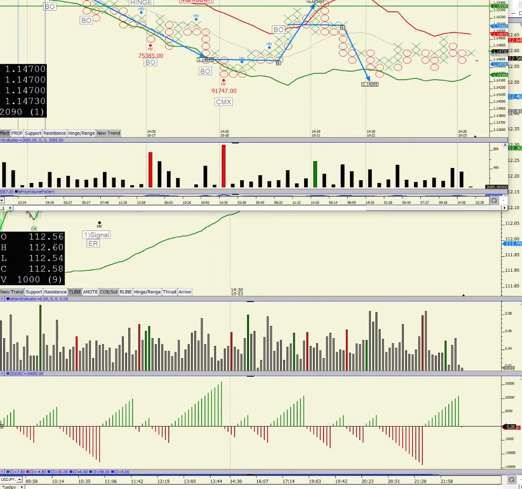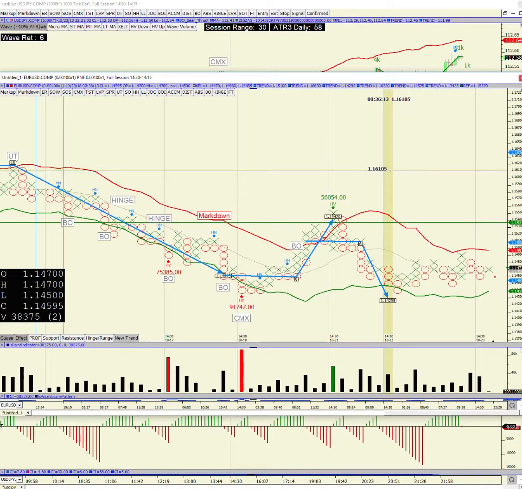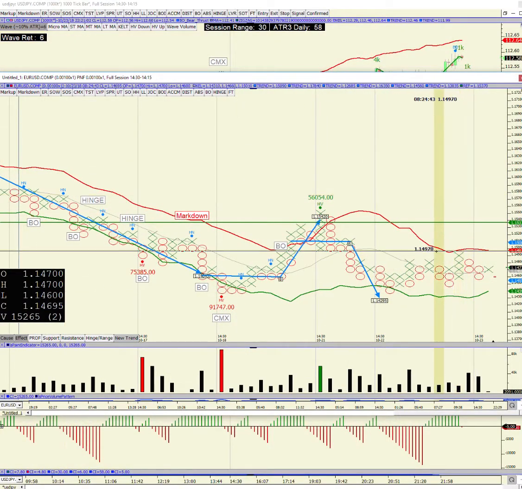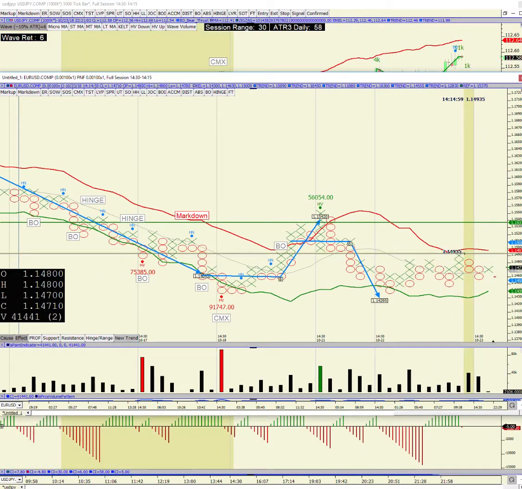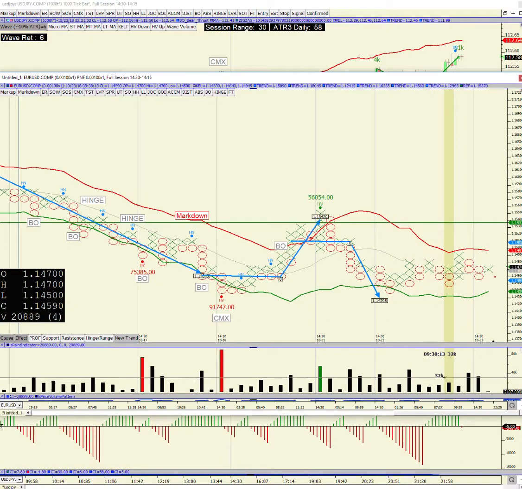Okay, so now bring in the higher time frame point and figure, and you see it rallied, and this is where the break occurred. So it's testing that area. Now there is cause being built, but the volume sucks, and it's unimpressive.